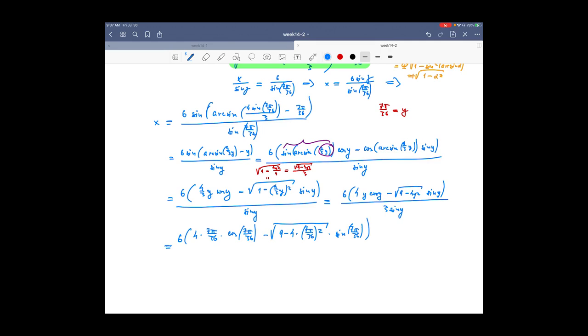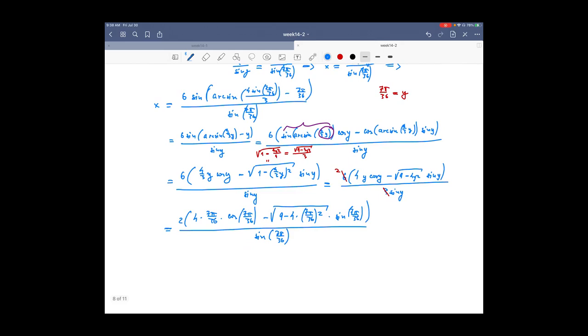By the way, when I multiply this by 3, I could cancel, right? Make this 2. So what's left in the denominator is sine of 7 pi over 36. Here there shouldn't be any ambiguity.